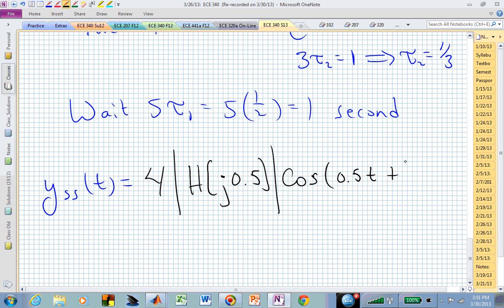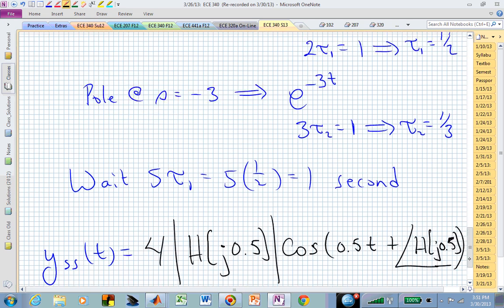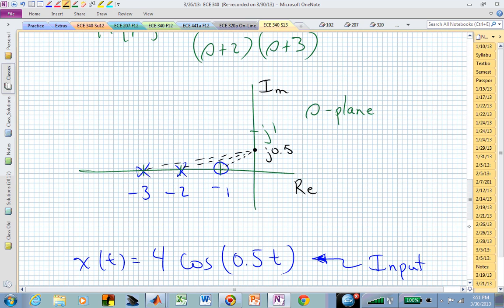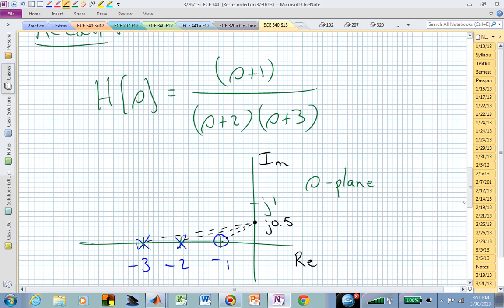And then that argument of the cosine will be modified by the phase of our system, and that again is this combination of zero angles and pole angles, where we add up the zero angles and subtract the pole angles, and that will be then our sinusoidal steady state response. That's now how the system of poles and zeros impact the relationship between an input excitation and the output response y of t.